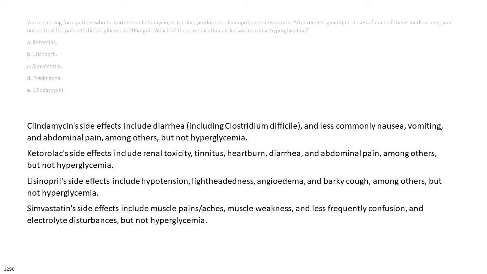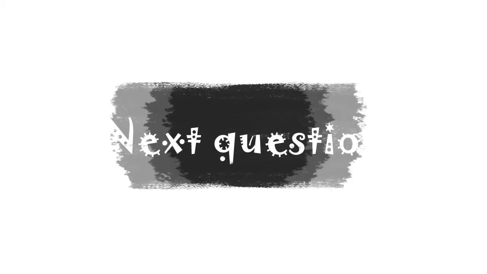Lisinopril's side effects include hypotension, lightheadedness, angioedema, and barky cough, among others, but not hyperglycemia. Simvastatin's side effects include muscle pains, aches, muscle weakness, and less frequently confusion, and electrolyte disturbances, but not hyperglycemia.